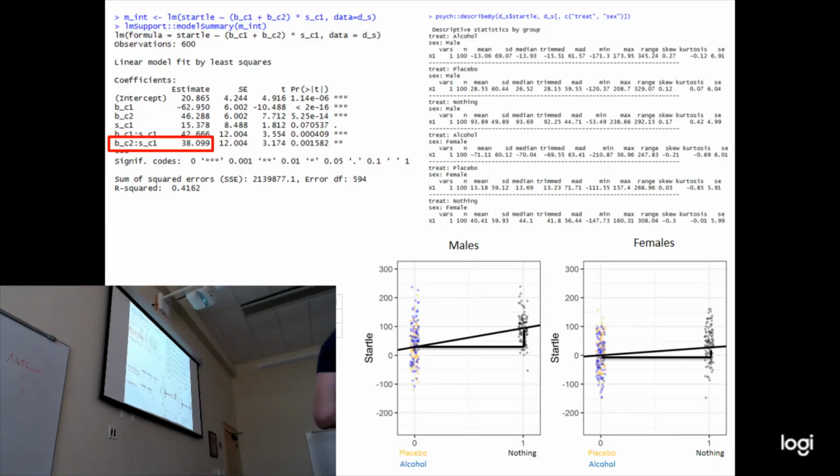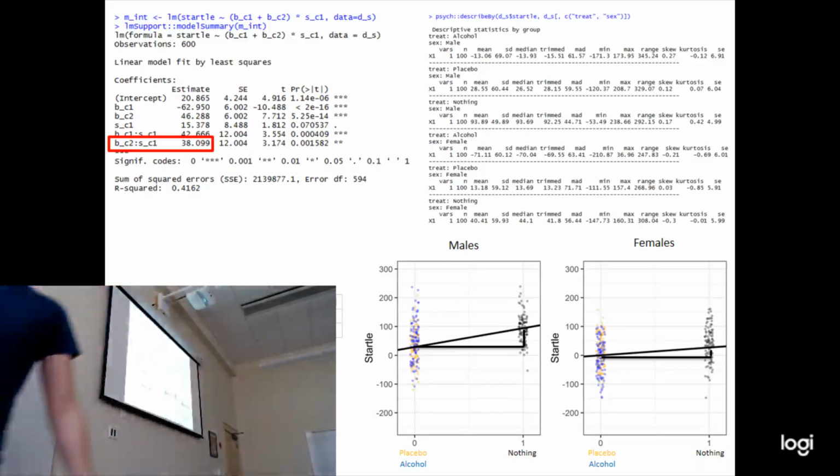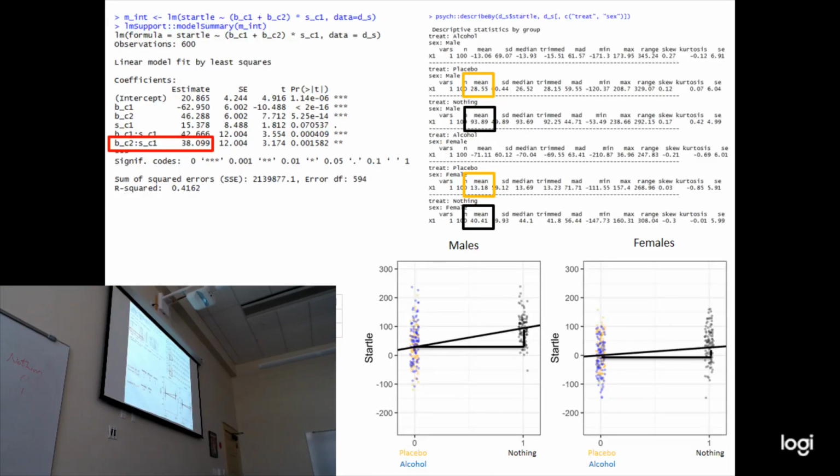Alcohol, right? Yeah, so alcohol is the thing that's being left out. It's going to be everything except for alcohol. And specifically, if you wanted to compute that interaction term from these means, what would you do? Yes, the difference of differences, and which differences?